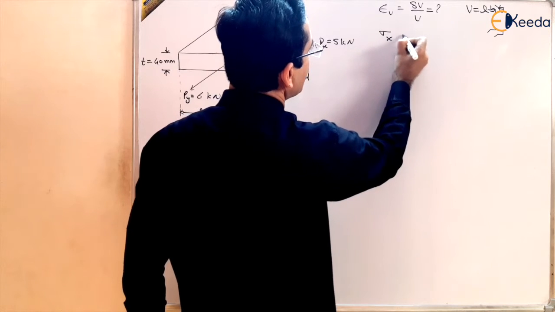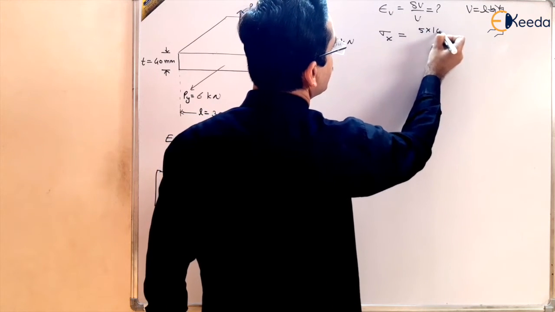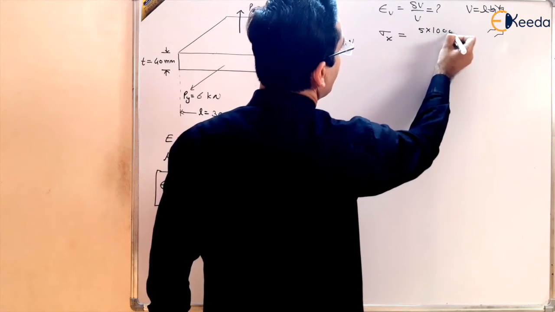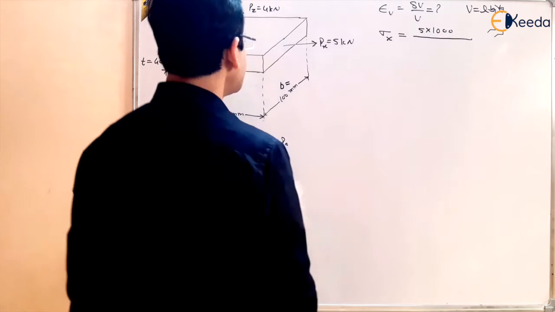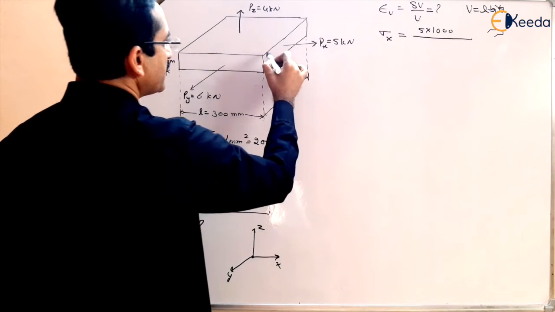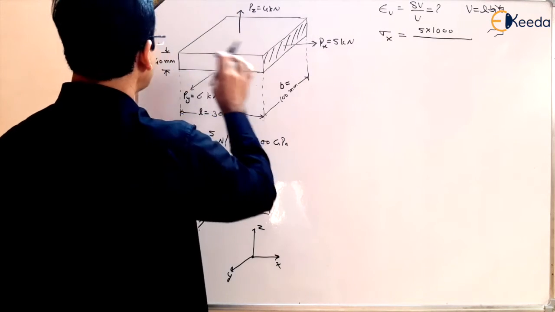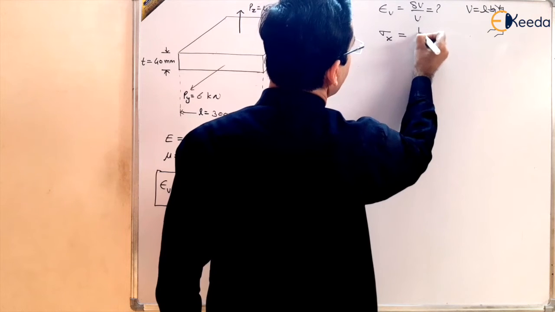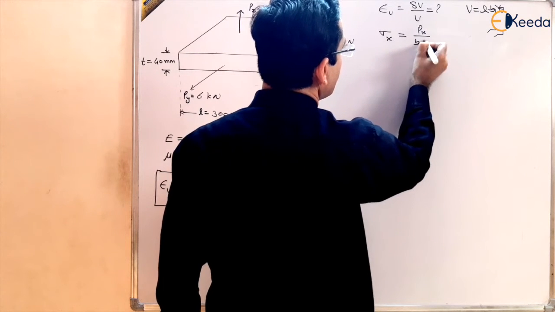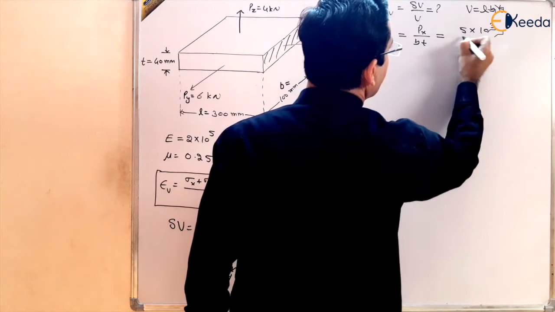So first you find out stress in x direction, that is force 5 multiplied by 1000 Newton divided by area. Which area? This area at which force is acting. This is B multiplied by T. So I am writing first here force in x direction by BT, equal to 5 multiplied by 1000 divided by B, 100 multiplied by 40.